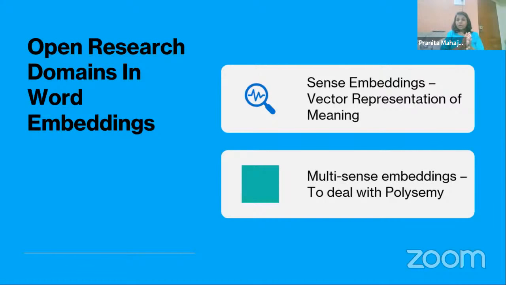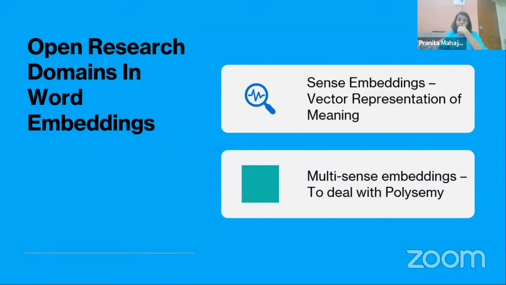But when we go a little further in understanding our text more and more, there is a new concept called sense embedding. We are not only representing the word, we are actually representing the meaning of that particular word, so that it will deal with polysemy.